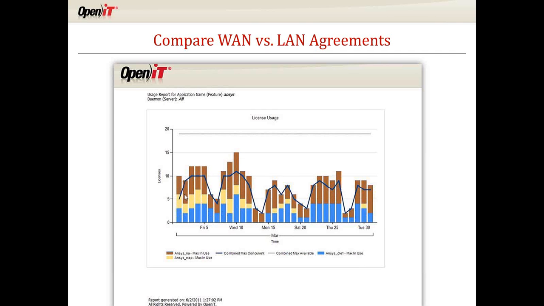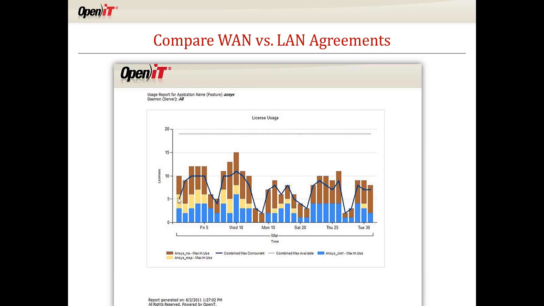So this report sample is showing you 3 different regions, and the stacked bar represents the total combined, but it's by region. So this is the usage by region, and it goes all the way up to, in this particular case, 15. But this is if it was a LAN agreement.